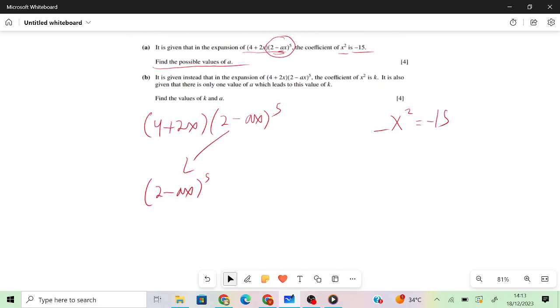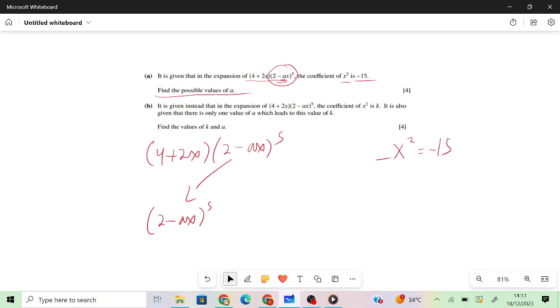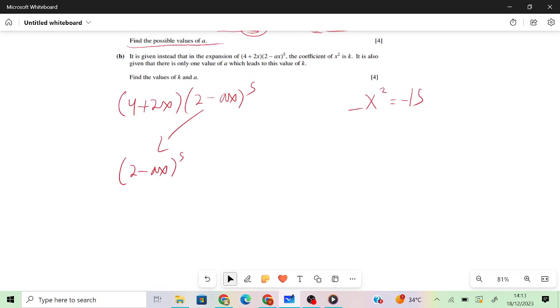But you would want to wonder until which term. You can just think of it logically. They're telling us that the coefficient of x squared is -15. So just expand it all the way to x squared.